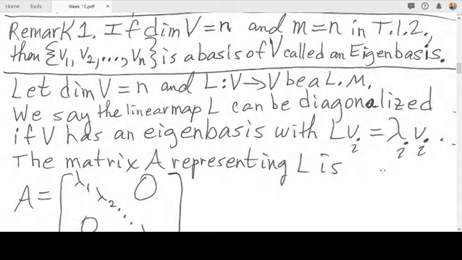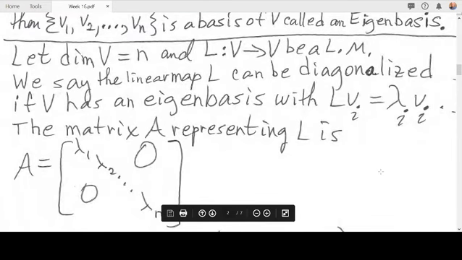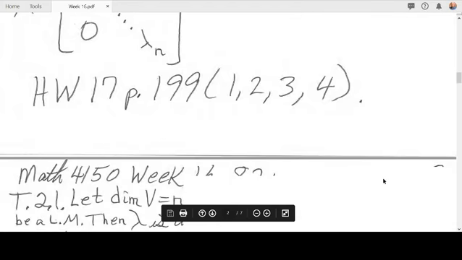That is, the matrix A representing the linear mapping is the diagonal matrix A having the eigenvalues on the main diagonal and zeros above and below it. We also say that a matrix A is diagonalizable if it's similar to a diagonal matrix.